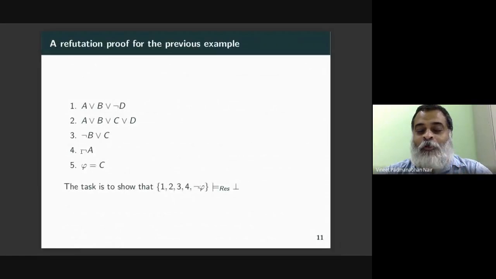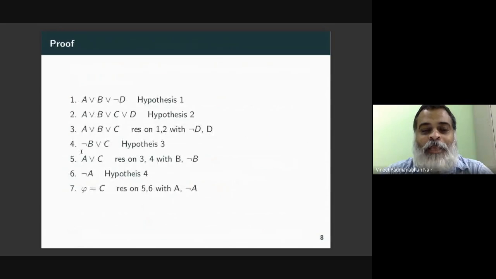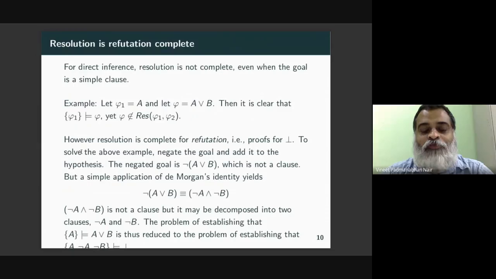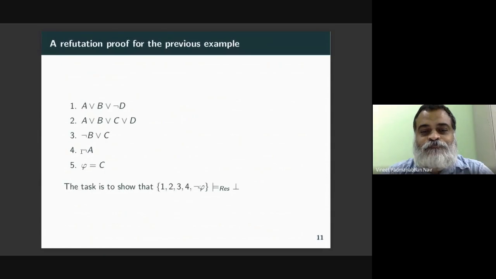Okay. Now, the same principle I am applying to the previous example. In the previous example, we directly did the resolution and we found C. Now we have seen resolution by refutation, so we'll see what this is. Now the task is to find from 1, 2, 3, 4, and when you add the negation of C through resolution refutation, you get falsity.